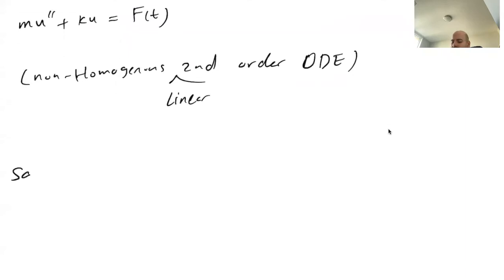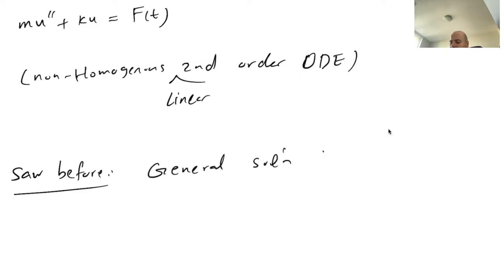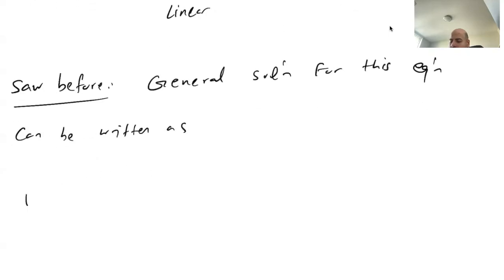So we saw before that the general solution for this equation can be written as u equals UC plus UP.